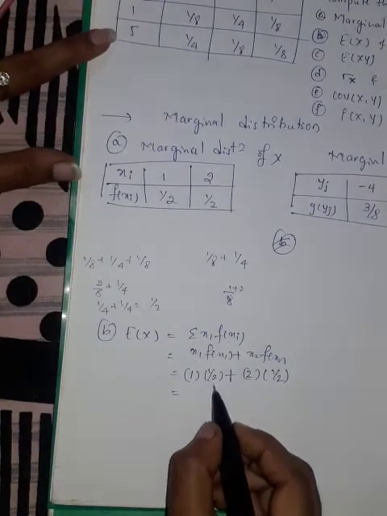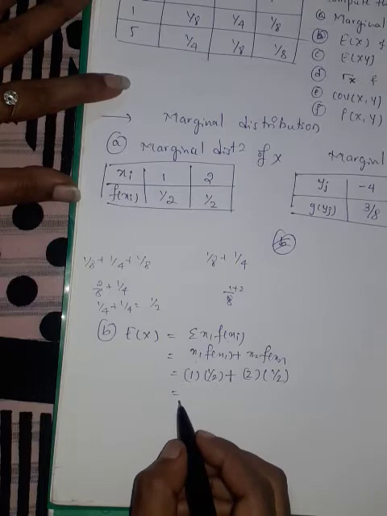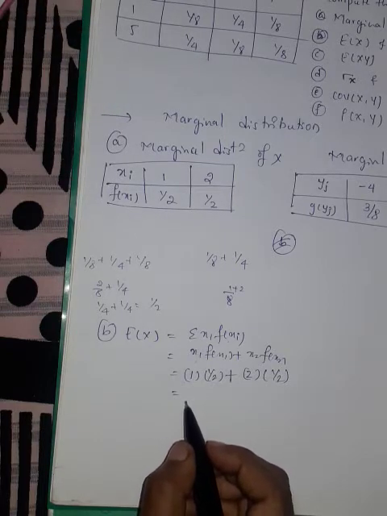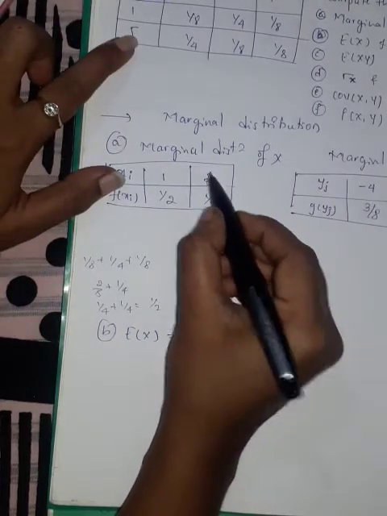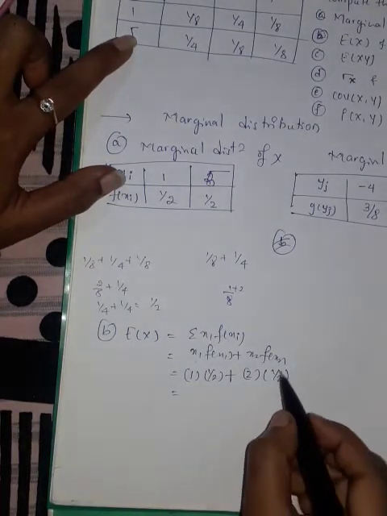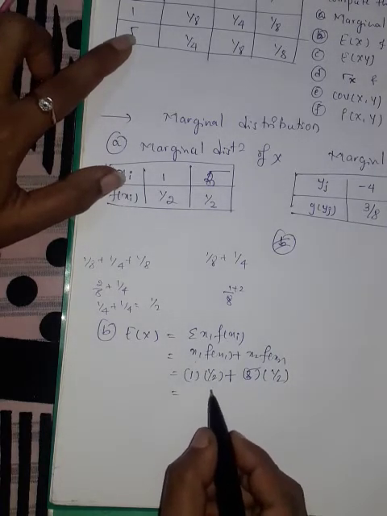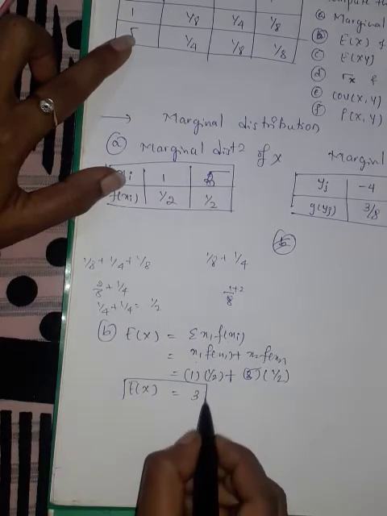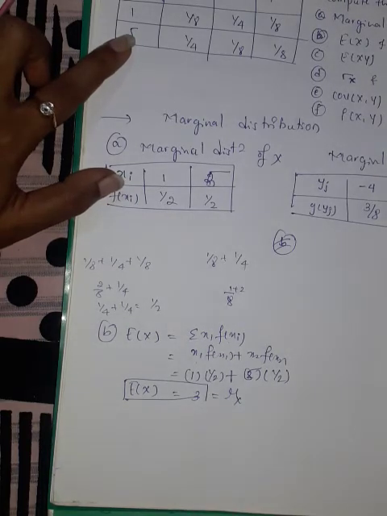So this is 1 by 2 plus 2 by 2, sorry, this is 3 into 1 by 2, so 3 by 2 plus... Sorry, this is 5 into 1 by 2? While simplifying, we will get 3. So expectation of x is 3, which is mu x, the mean of x.